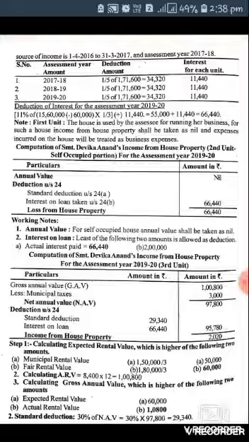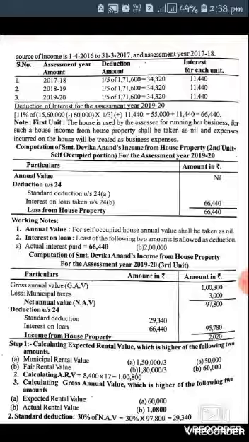Now let's see the second unit, the self-occupied house. The annual value will become nil because it is used for self residential purposes, and standard deduction is not given.